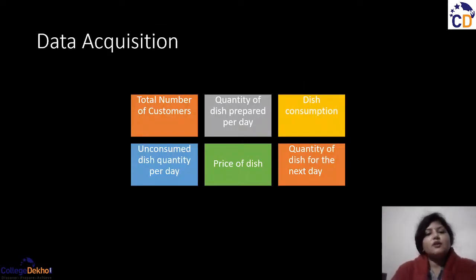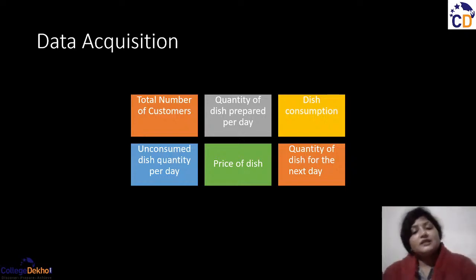That is the total number of customers. Every day, how many customers are coming? Quantity of dish prepared per day. What is the quantity of dish to be prepared per day? Then, how much dish is consumed? That is dish consumption. Next, unconsumed dish quantity per day. Now you need to maintain this part also: how much dish is unconsumed per day.